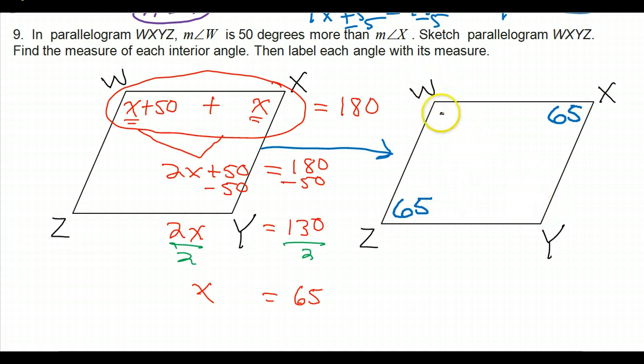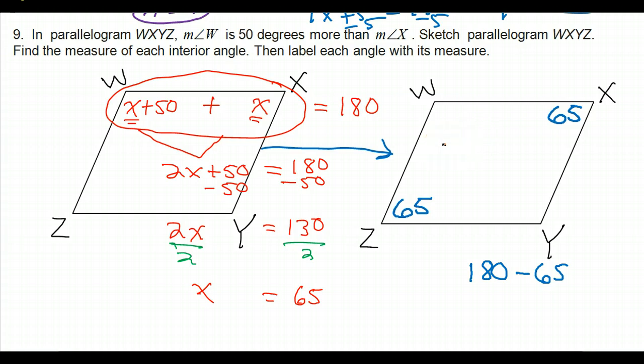Okay, what about angle W and angle Y? Well, really I have a choice. I could either use this formula and do x plus 50, or I could subtract from 180. I could do 180 minus 65. I'm just going to do the 180 thing, why not? So if I do 180 minus 65, that should give me the other angle because these are supplementary.